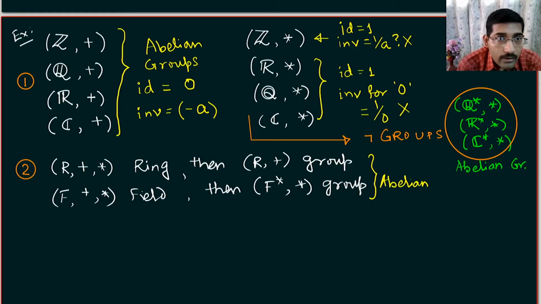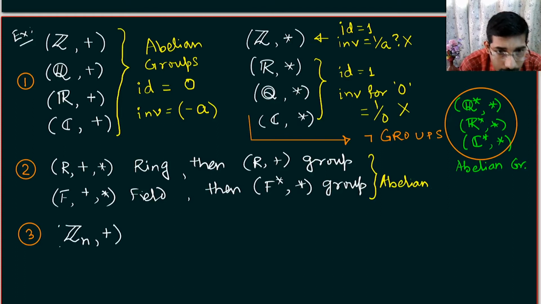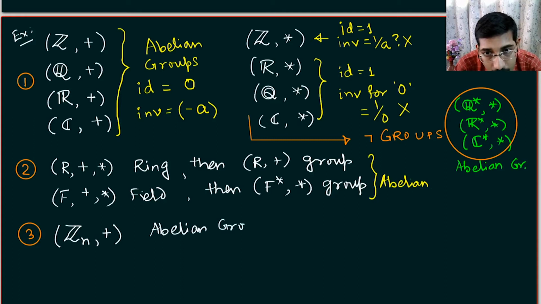Now, the third kind of example that we always find is this kind of group. For example, Zn with respect to plus, that is the set of all equivalence classes of integers modulo n. This is definitely an abelian group.